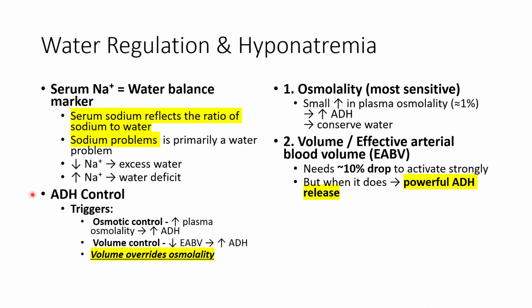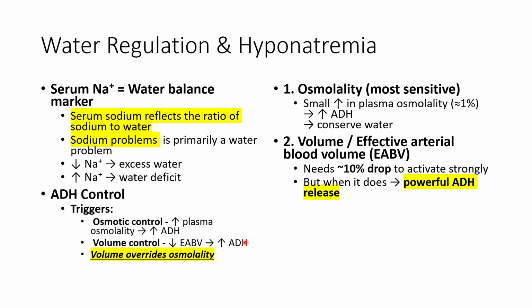So there are different controls. One is ADH control. ADH is released when the osmoreceptors in your hypothalamus sense increased osmolality, and they cause secretion of ADH. Other than this, it can also be volume control. ADH can be released due to increased osmolarity or can also be increased due to decreased EABV, that is effective arterial blood volume.